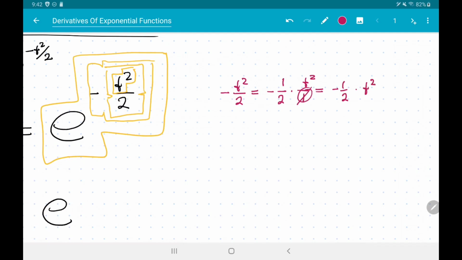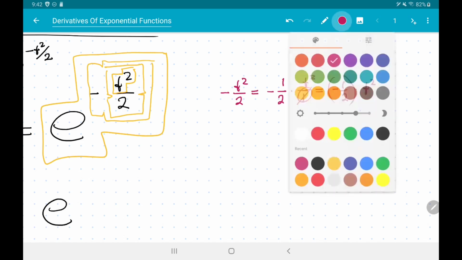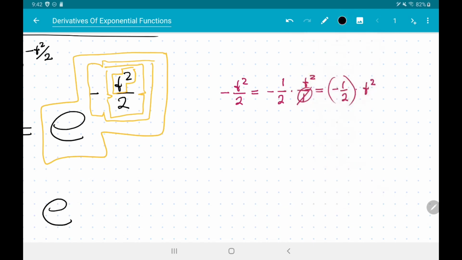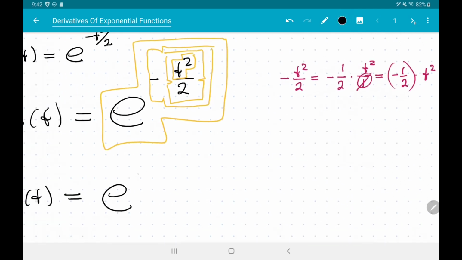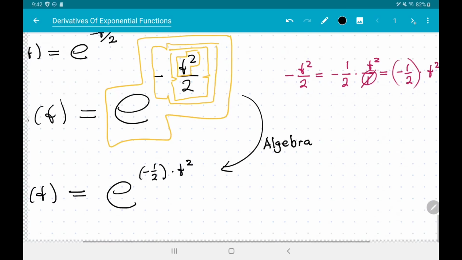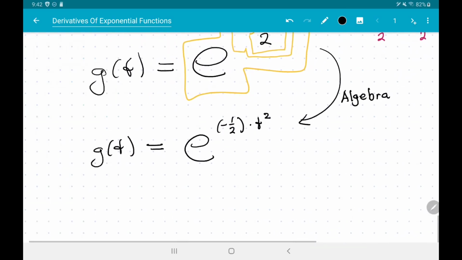So I can think of t squared over 2 with a minus sign in front of it as effectively -1/2 times t squared. So over here, I'm going to write -1/2 times t squared. And this step is just algebra. When you're good enough at algebra, you won't even need to write that out. It'll just come naturally.